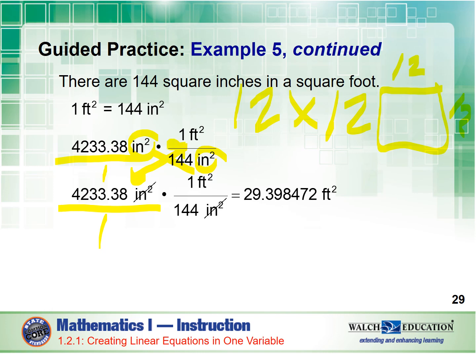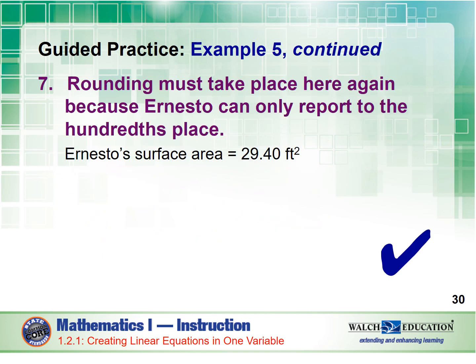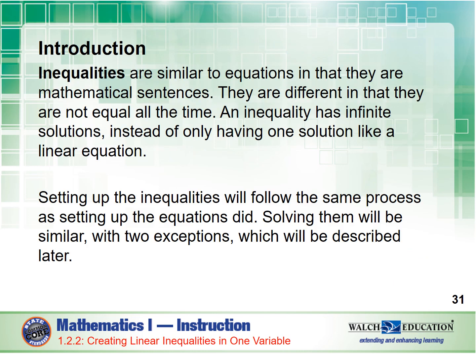You've got inches squared at the top and inches squared at the bottom, and therefore these cancel out, leaving you with feet squared. You're also going to divide 4,233.38 by 144. Again, we did some rounding to make it feet squared, and we are done.